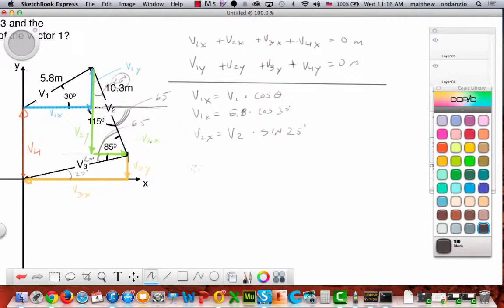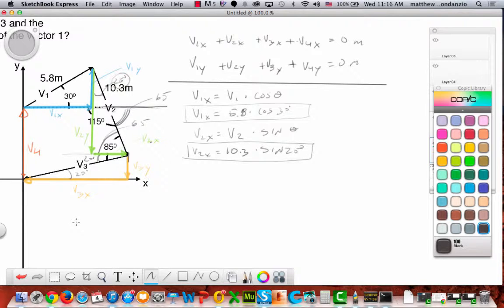No. So we don't know what v3 is just yet. But let's look at this top equation. I'm going to get a value for this, and v2x is going to equal 5.8 times the sine of 25 degrees, right? Everyone there with me? It's not 5.8. You're right, I'm sorry. It's 10.3.